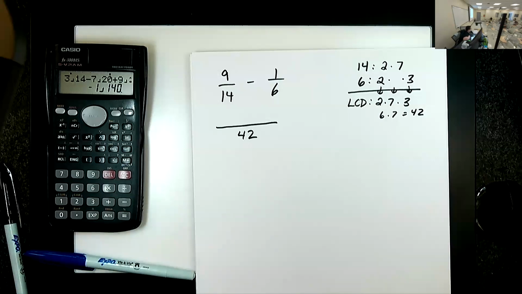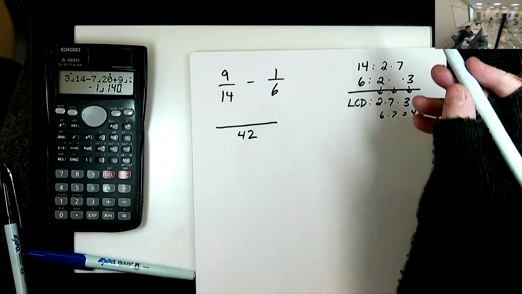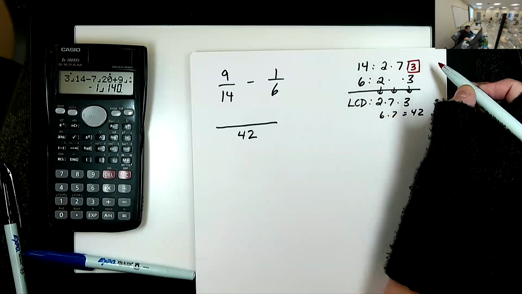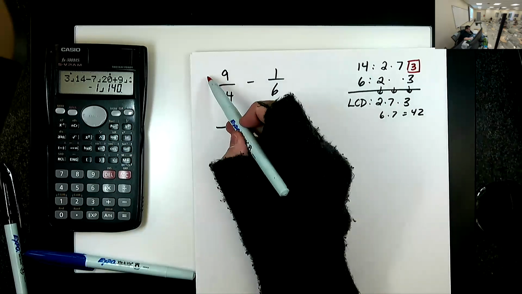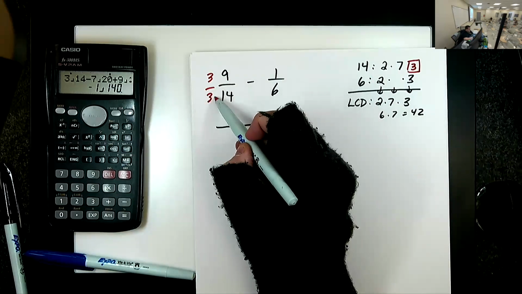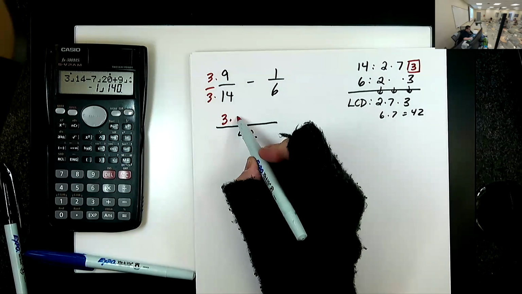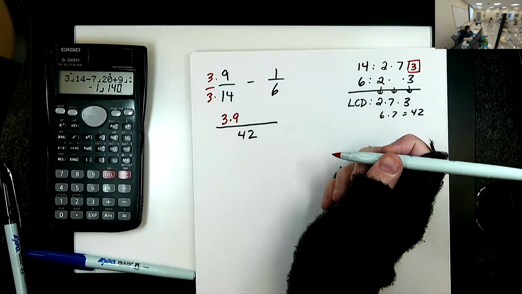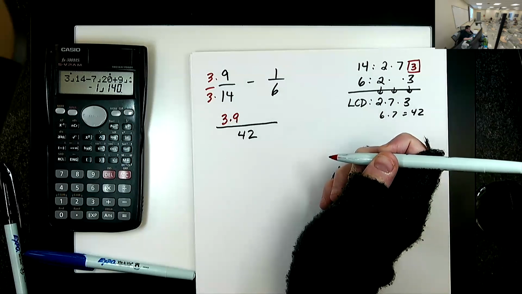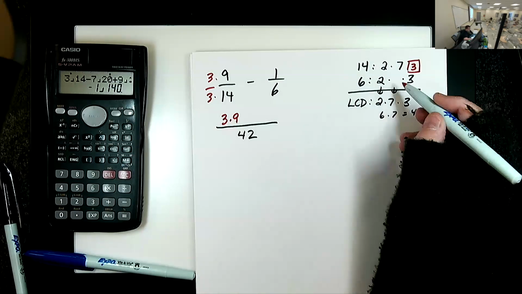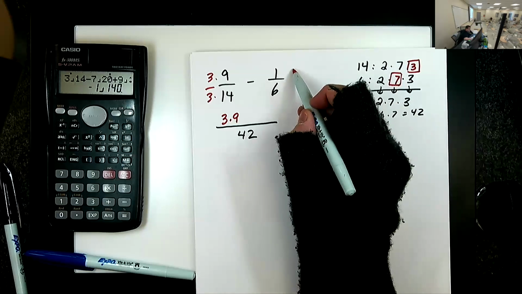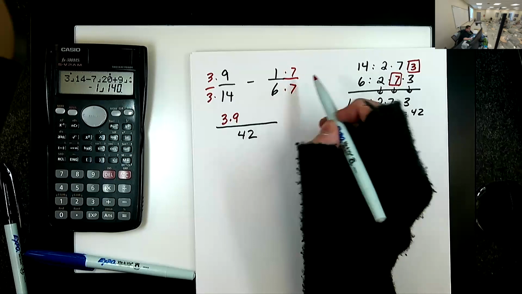Now I'll start grabbing the holes in the gaps, or the gaps in the chart, and seeing what I need to multiply by. The 14 is missing a 3. So I kind of need to do 3 times 9 here. And rather than just calculating it right away, I'll write 3 times 9. The 6 is missing a 7. So that's kind of like a 7 over a 7.